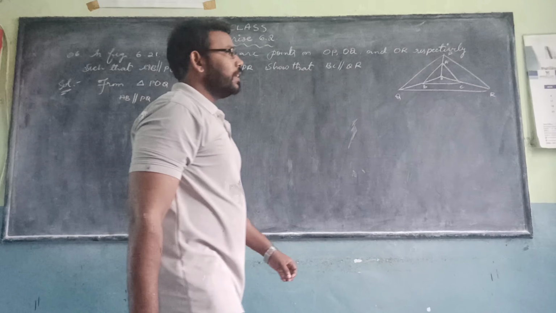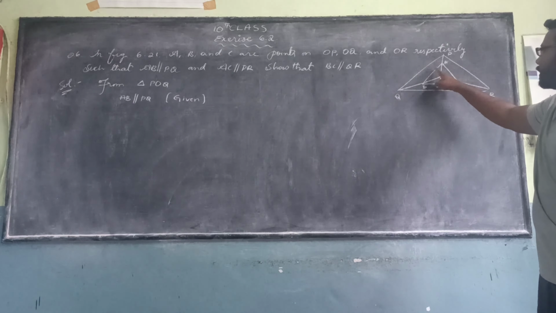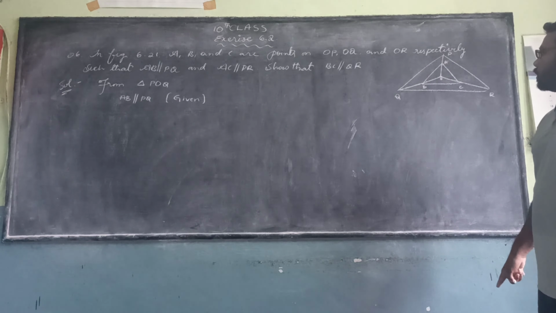To prove it, first of all, I am taking this triangle POQ. From triangle POQ, clearly given that AB is parallel to PQ. This is the given. So here AB is a line segment which is passing through two distinct points on two sides, and also AB is parallel to PQ.